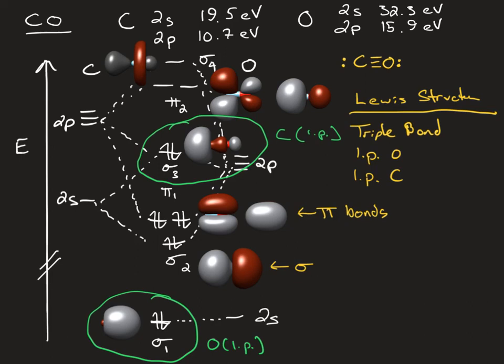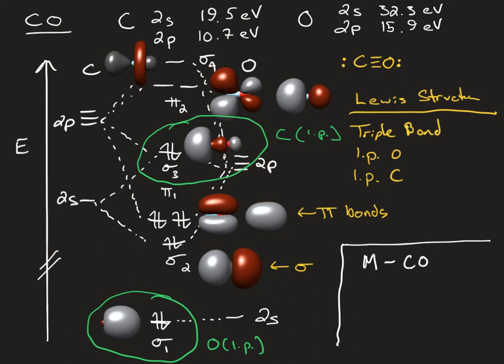And this is going to give us some insight into a little bit of the chemistry displayed by CO. So we know that CO binds to a metal center through the carbon.